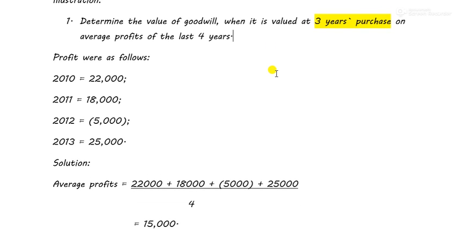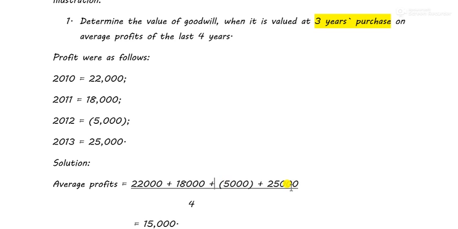So I had profit of 22,000, 18,000, I had a loss of 5,000 and a profit of 25,000. If there is a loss, just deduct it, but divide by 4 only, not 3. Even if there is a loss: 22,000 plus 18,000, minus 5,000, plus 25,000.